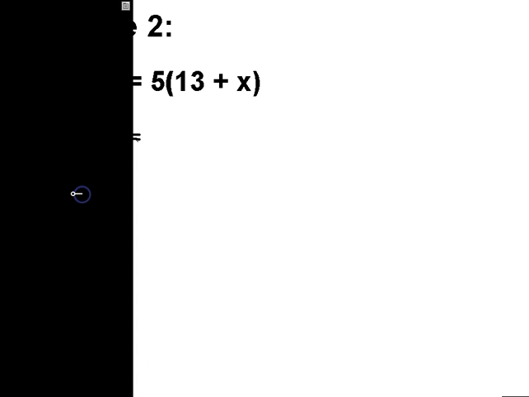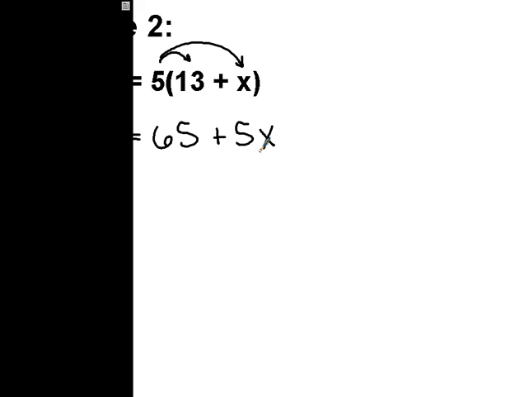Left-hand side, I'm going to distribute 8 times x, which gives me 8x, and then 8 times 4, which gives me 32. Then we move our post-it note to cover up the left-hand side and do the right-hand side one at a time. 5 times 13 would be 65, plus 5 times x would be 5x.